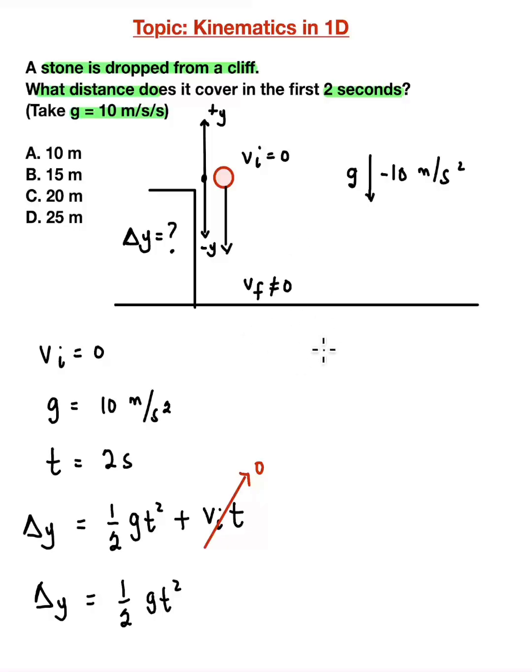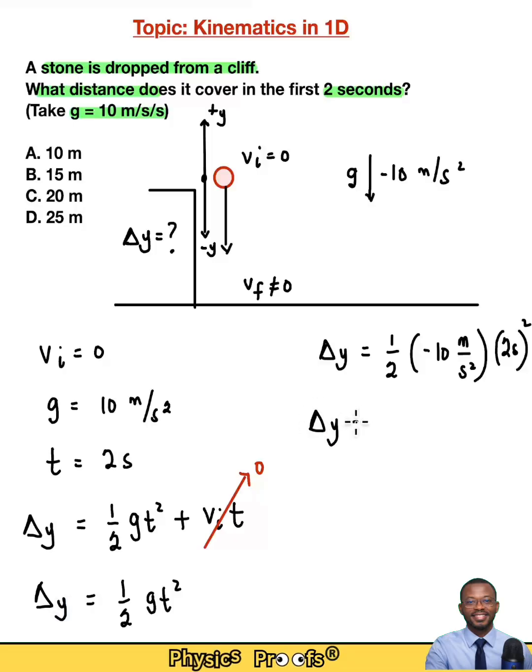So delta y is equal to 1/2 g. This time we use minus 10 meters per second squared and then t squared, which is 2 seconds squared. All right. So we can simplify this. Delta y is going to be minus, so this minus can come out, 1/2 times 10 meters per second squared, and then times 2 squared is 4, and then second squared is second squared.